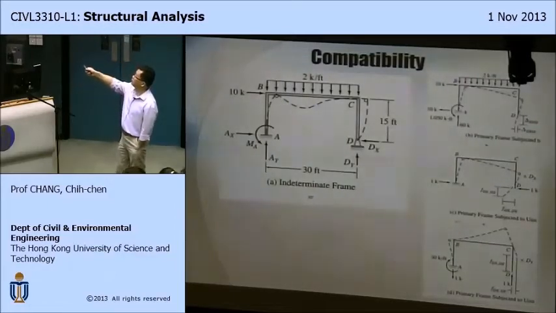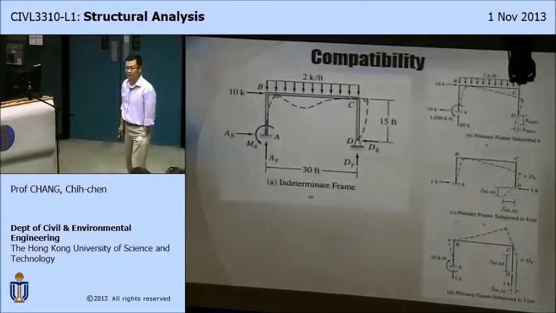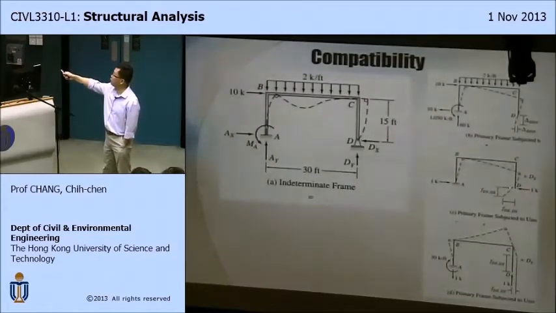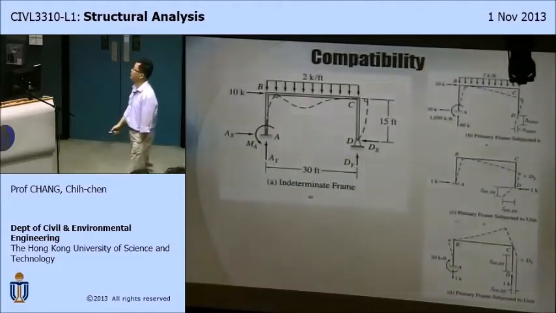And then remove the loading. Start to apply the redundant forces one by one. So you apply the first redundant force, magnitude of 1, and then calculate this and that: vertical displacement, horizontal displacement. And then you apply the vertical redundant force, unit of 1. Calculate vertical displacement, horizontal displacement.